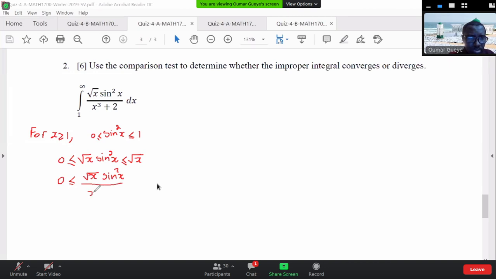As I told you, you just want to try to get to our function, and now we squeeze it. It's between 0 and root x over x cubed plus 2.